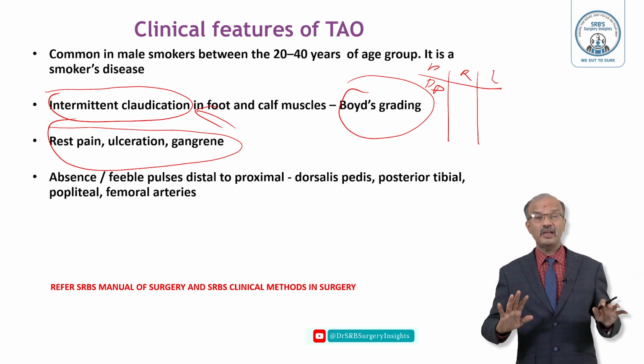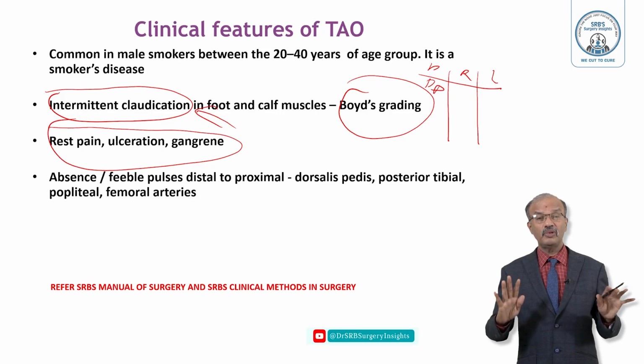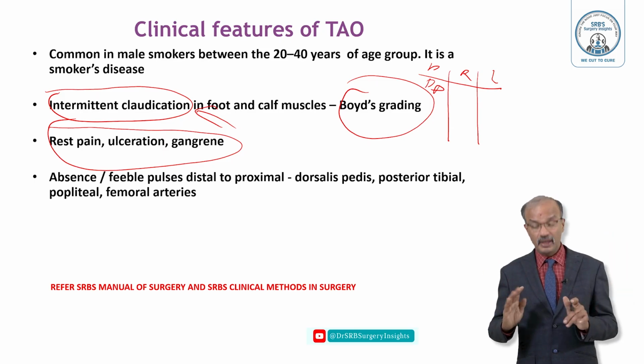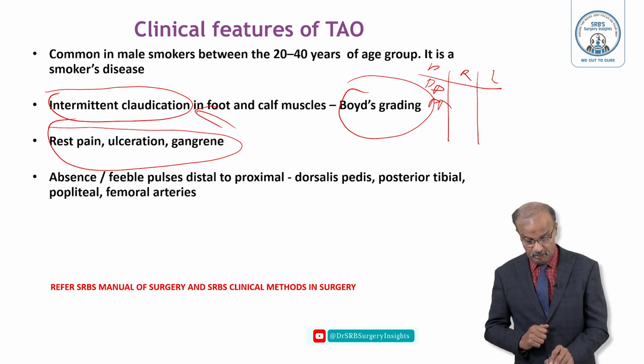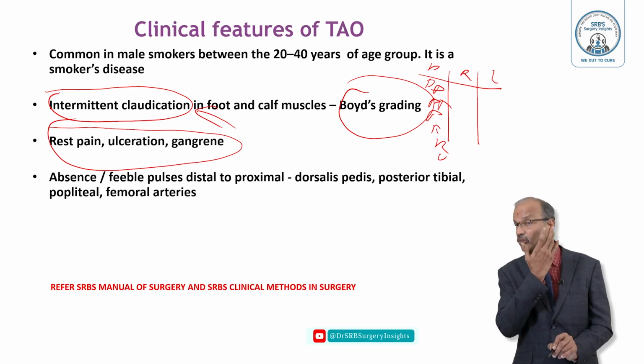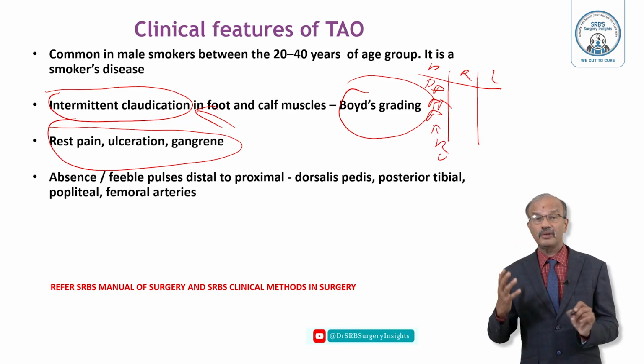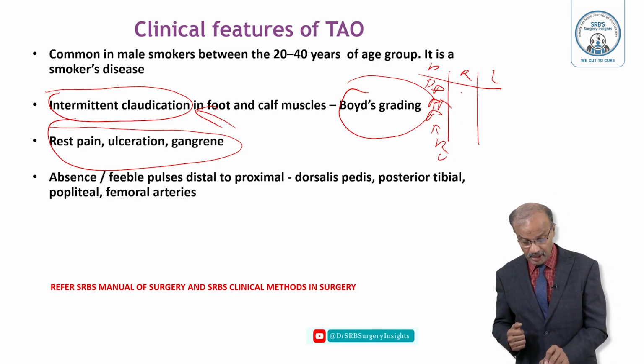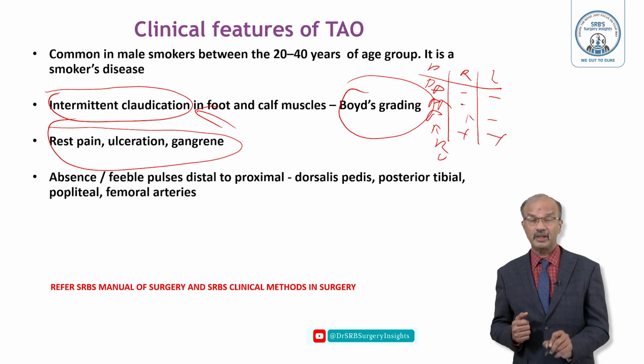Whereas in the lower limb, atherosclerosis, TAO, always from the lower limb to upper limb: dorsalis pedis, posterior tibial, popliteal, femoral, then radial, ulnar, axillary, then subclavian, carotid, superficial temporal. Like that you have to write in tabular form, writing present, absent, feeble, plus, like that.